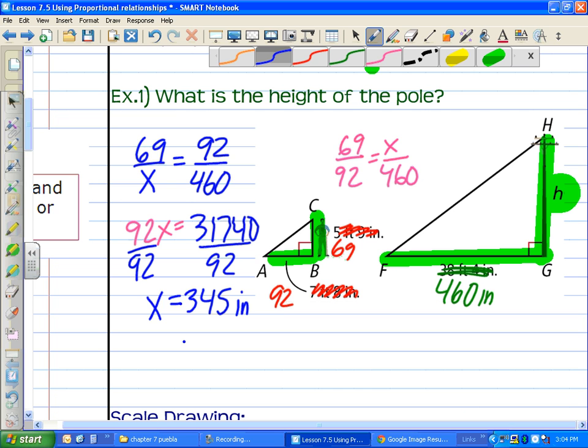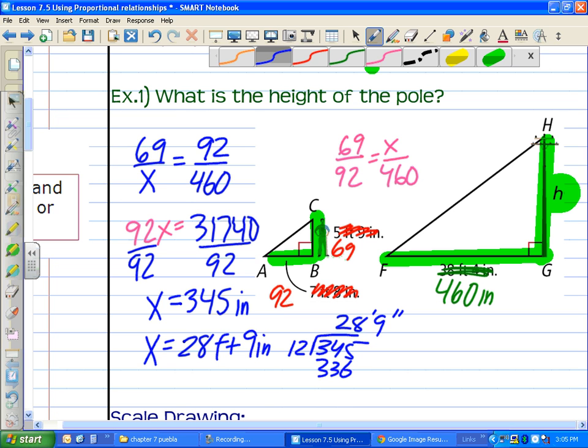If you were to work this out, you would be doing long division. 28 times 12 would be 336. How many would we have left over? 9 inches. So this would be the same as 28 feet, 9 inches.